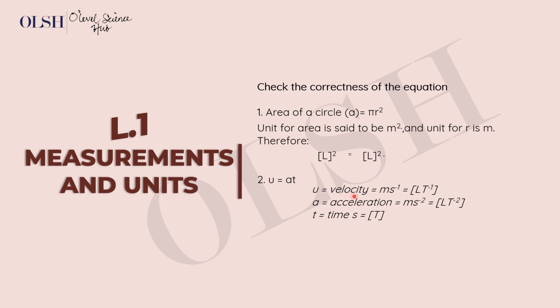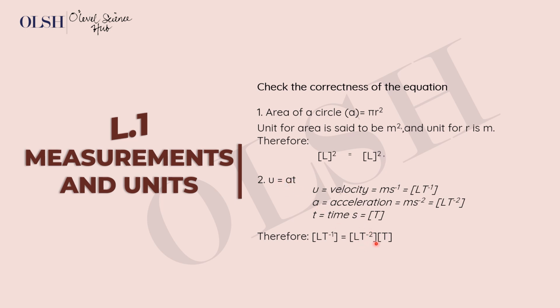Alright, so we move to confirm if what we got in the previous slide, where we looked for the dimension of speed and got [LT^-1], is accurate. We're going to be confirming that with this other formula, which is different from the distance per time which we used. So we have [LT^-1] here equal to [LT^-2] times capital letter [T], which comes from this t here, and this [LT^-2] comes from a, which is the acceleration.